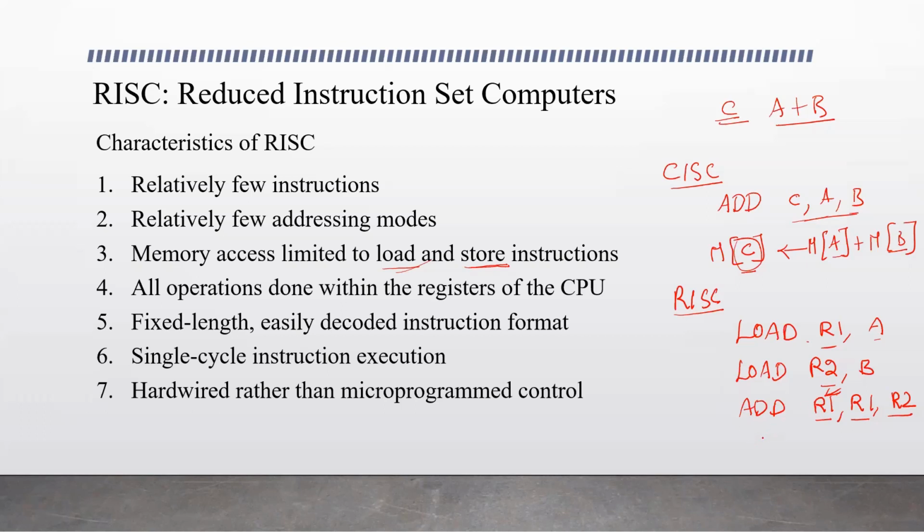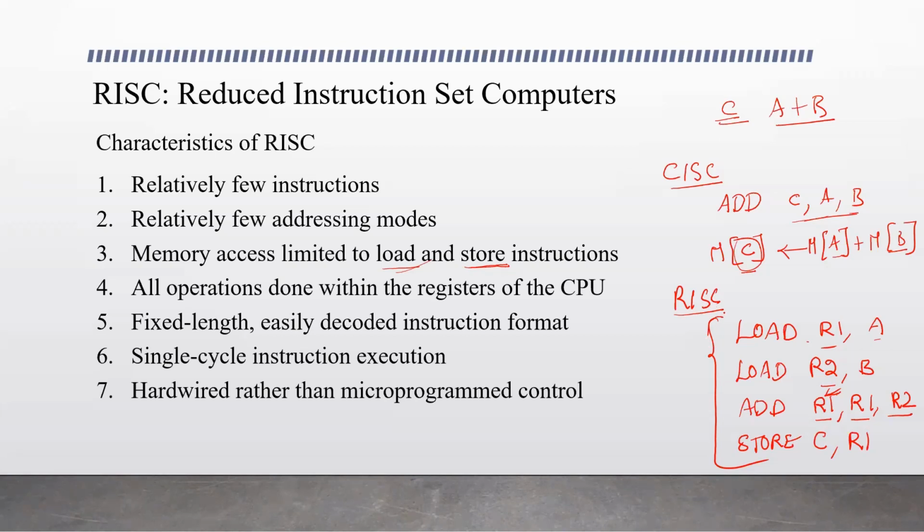To move it to memory, what do we do? We write store, in memory location C the content of R1. So these 4 instructions are needed to perform this operation using the RISC architecture.